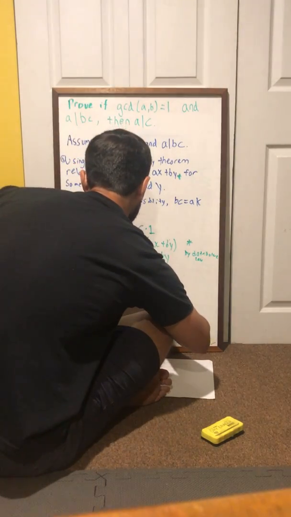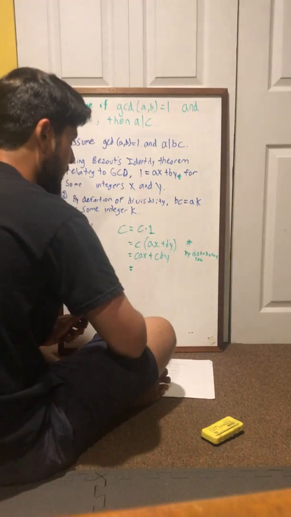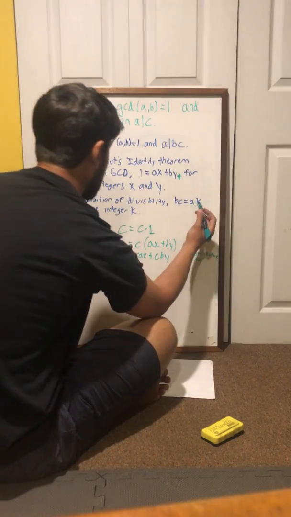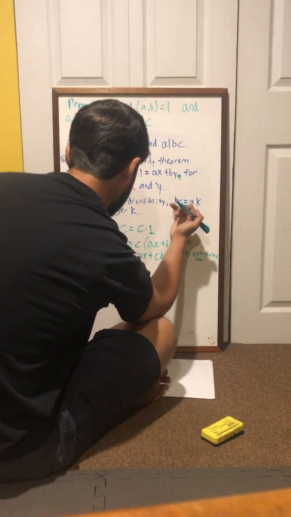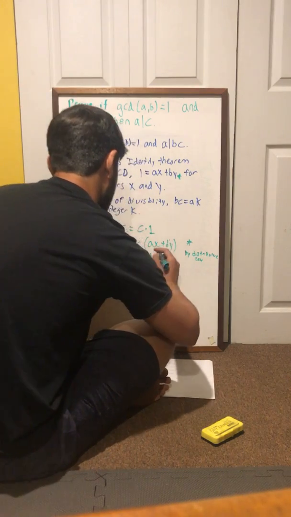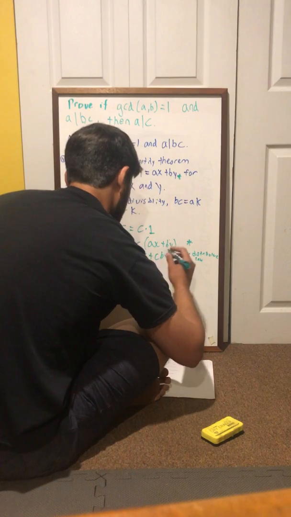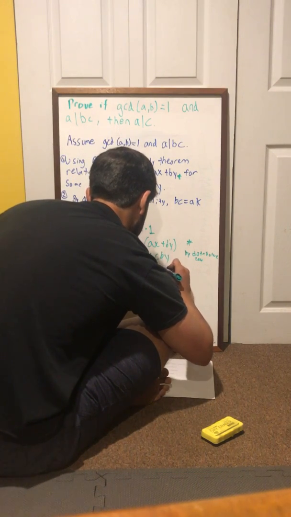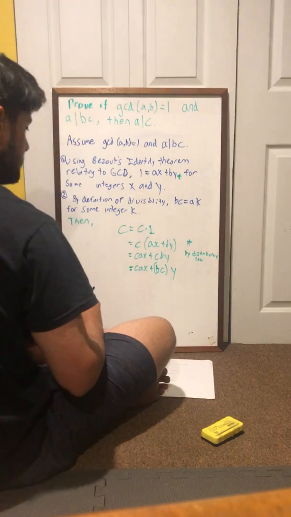Now, the next part that we have here, BC equals AK. So we want to be able to pull out or replace and substitute the BC for AK. We see right here the CAX, we'll bring that down. Now we have BC times Y right there.